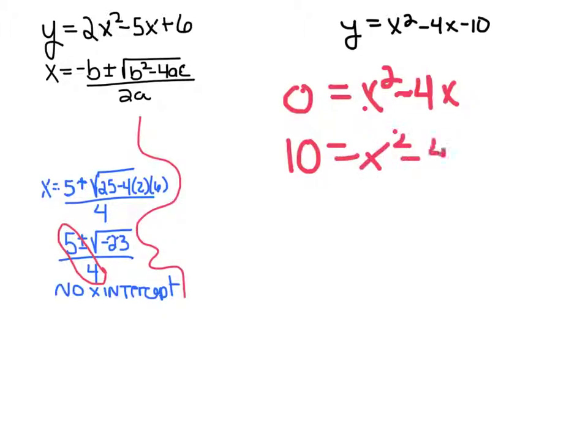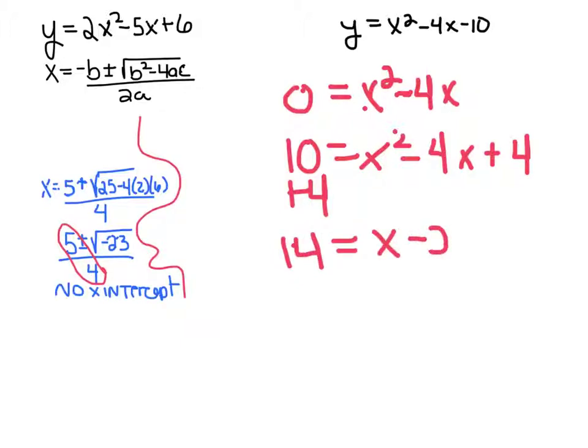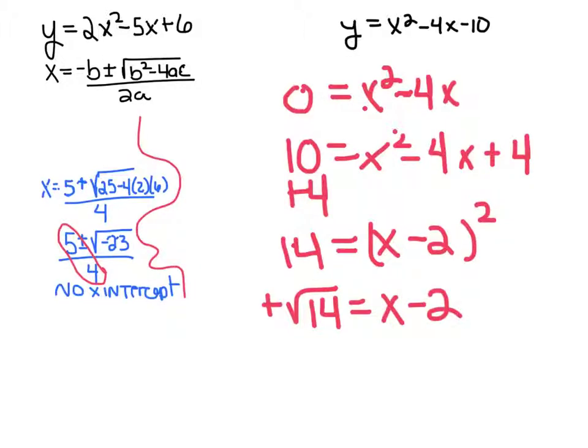You would take 4 divided by 2, square it, that's 4, and add it to both sides. So that's 14 equals x minus 2 squared. Then you would square root both sides. Don't forget your plus or minus, and x would be equal to 2 plus or minus the square root of 14.